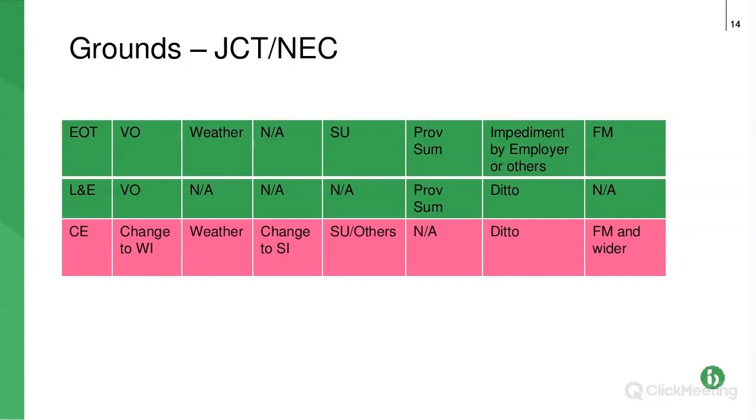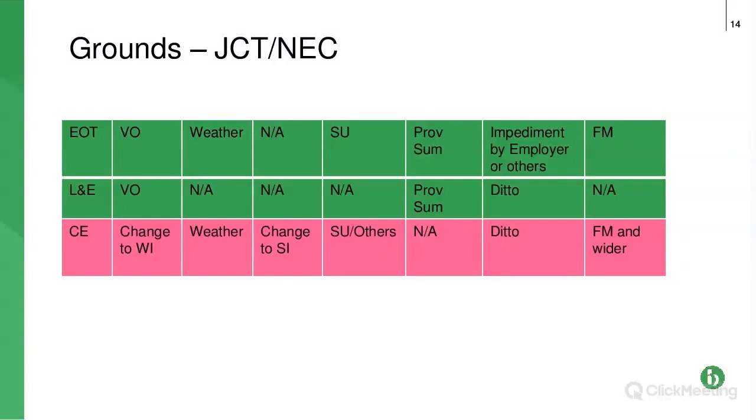The one underneath is loss and expense, L&E, and if you remember that was clause 4.20 odd. So that's why it's split, because under JCT we sort of have a hybrid. In some instances you get an extension of time but you don't get loss and expense, whereas with pink, which says CE, compensation event, so that's NEC, it's all done under the compensation event mechanism.